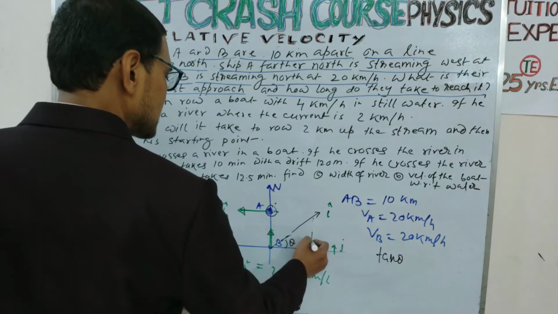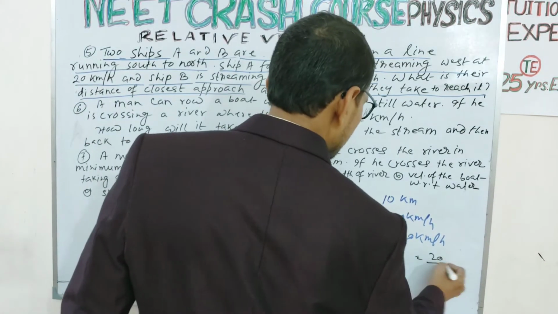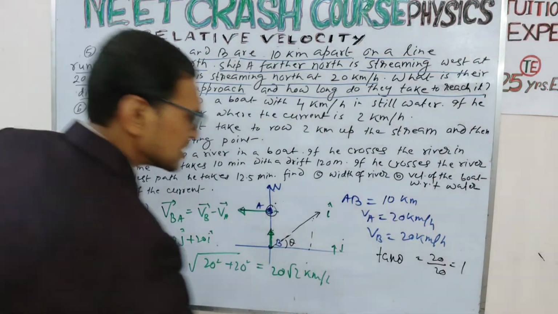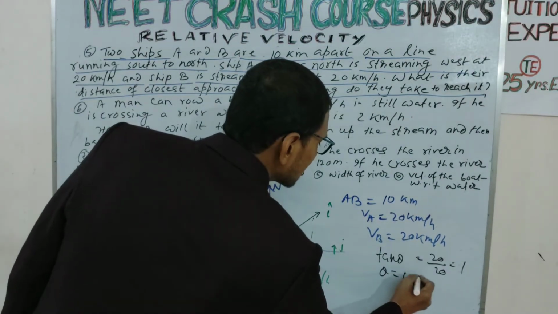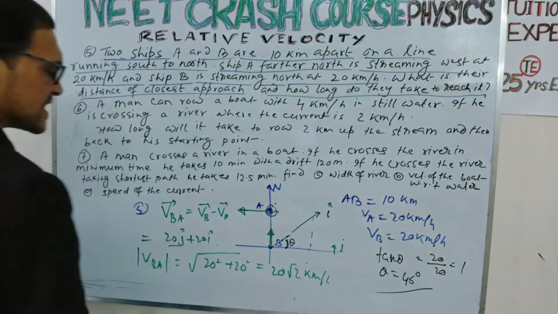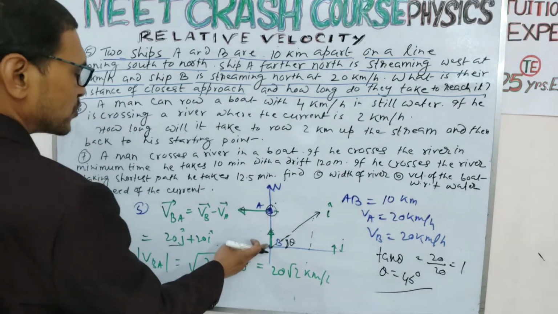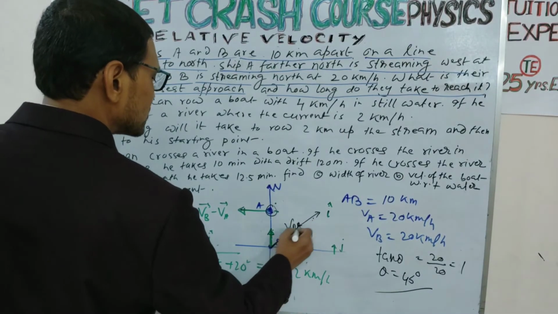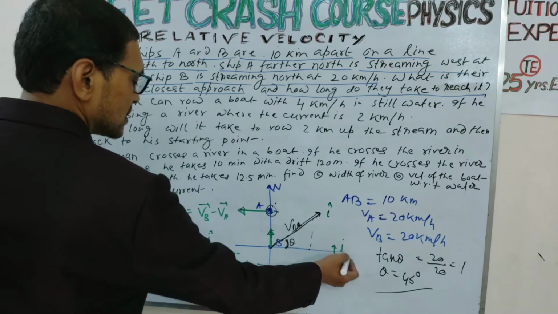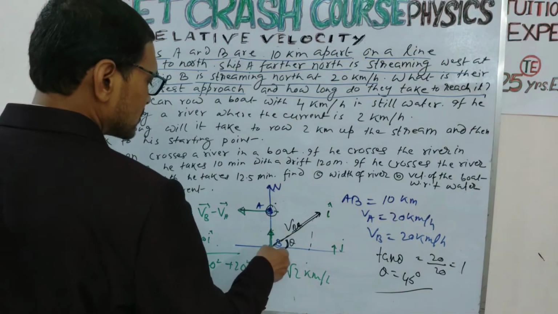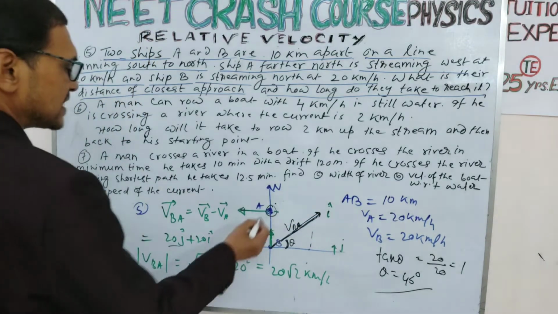So this is 20 by 20, that is 1. So theta equals 45 degree. Now this angle is 45 degree. So ship B moves with velocity VBA along this direction, which is 45 degree with horizontal, and A is at rest.